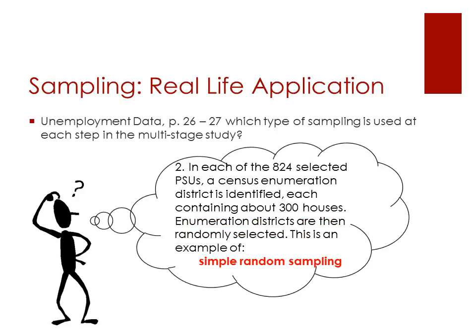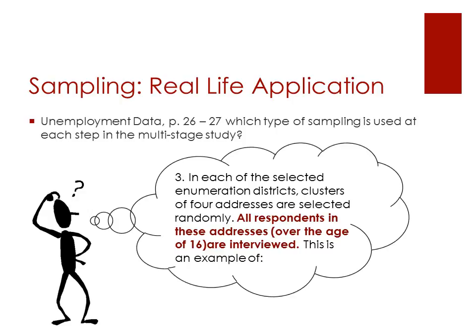All right, so now we've used two different types of sampling already in the U.S. Census data collection. Number 3. In each of these selected enumeration districts, clusters of 4 addresses are selected randomly. All respondents in these addresses over the age of 16 are interviewed.